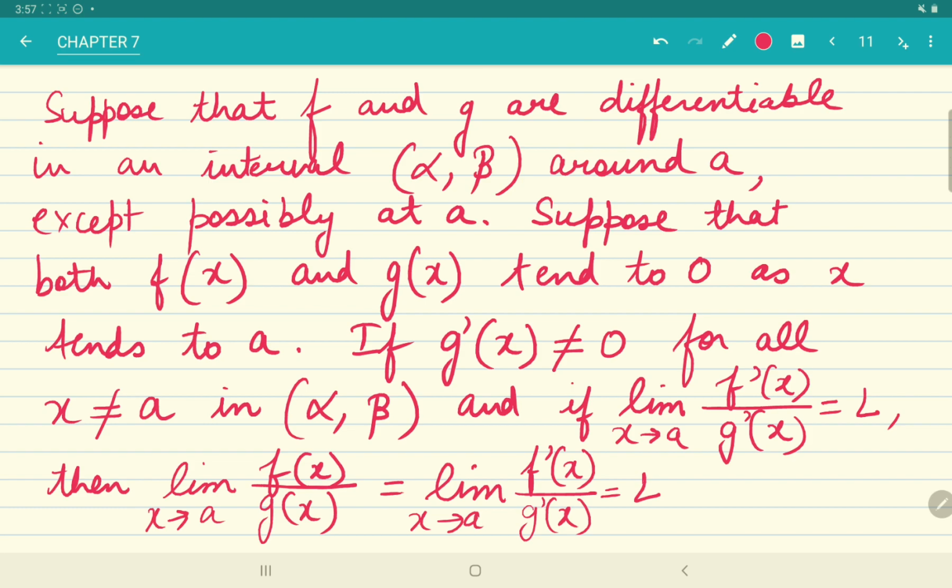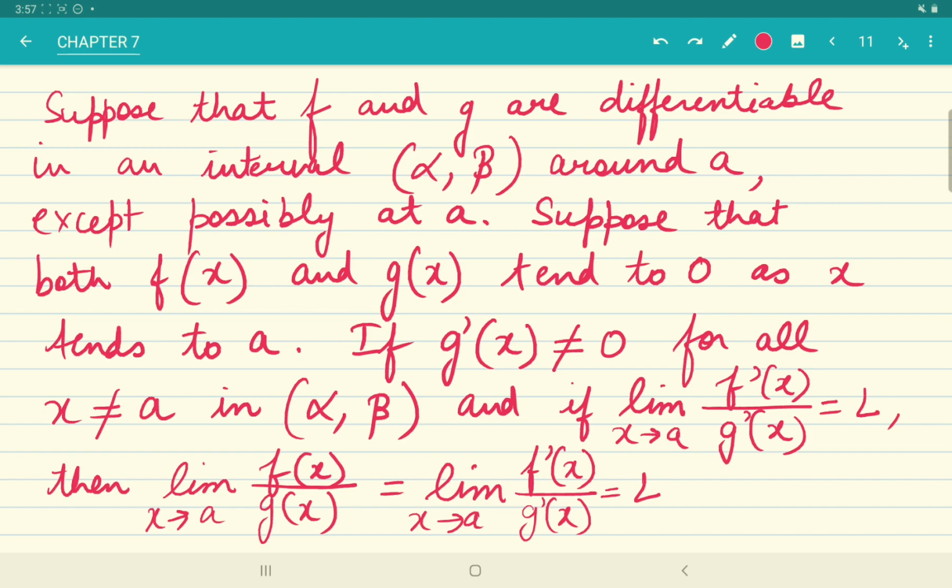Now keep this in mind that my L can be finite, it can be infinity, or it can also be minus infinity. Let me repeat this again. What I'm now trying to understand is that the requirements on f and g that I have talked about till now are in fact weaker than what we have shown earlier, in the sense that f and g need not even be differentiable at x equal to a, because that's exactly what we have shown earlier.